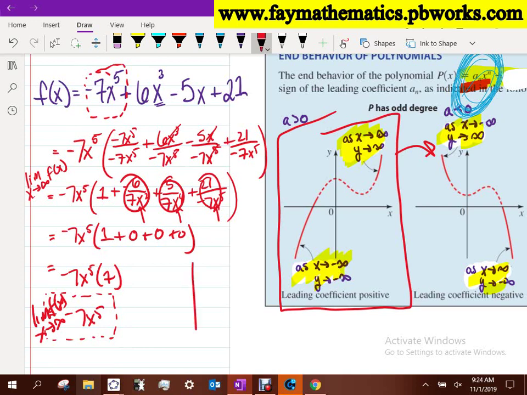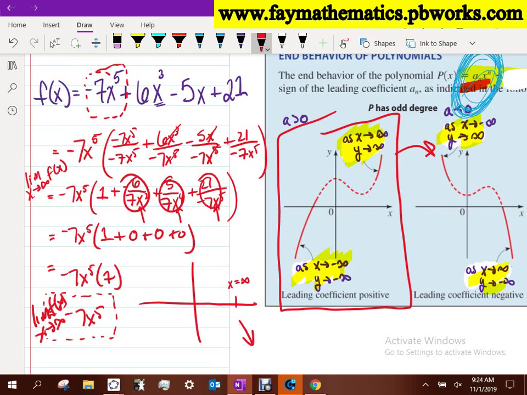And then you multiply it by a negative 7. So plugging a very large x value into x to the 5th gave me a positive, right? Multiply by a negative 7, what does it give you back? A negative. So as x goes to infinity, your y value is going to go down to negative infinity.